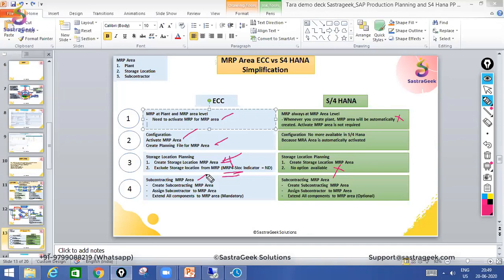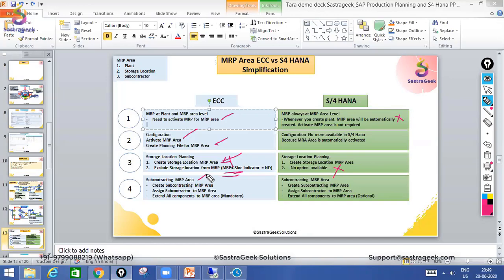we do have that exclude storage location indicator at the MRP4 view, and from there you can easily exclude that material from the MRP calculation. Now that facility is not available, because SAP S/4HANA is saying your MRP will happen at MRP area level, either at a plant MRP area or at a storage location MRP area.